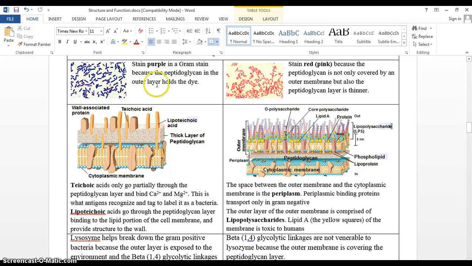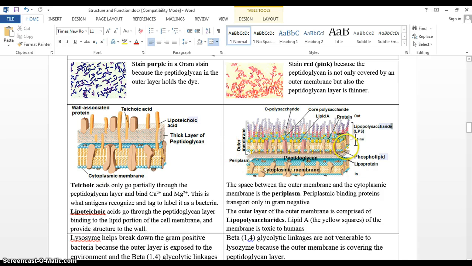The important thing to know is that gram-positive cells are going to be purple, and gram-negative cells are going to be reddish pink colored. You can see gram-positive right here, gram-negative right here. A gram-positive cell has a very thick layer of peptidoglycan, while a gram-negative cell has a thinner layer of peptidoglycan.